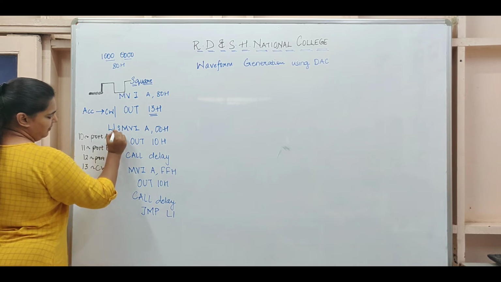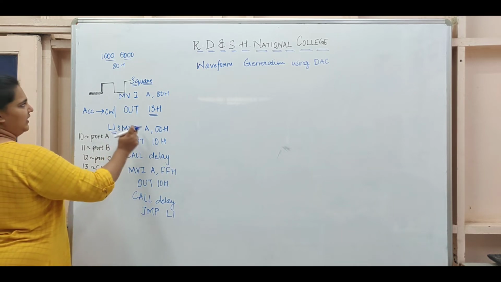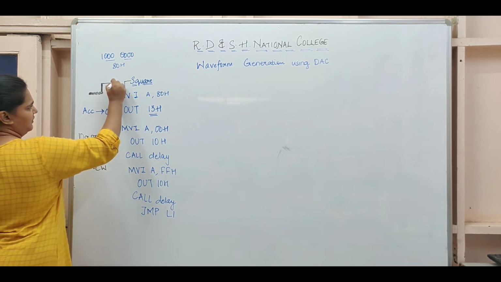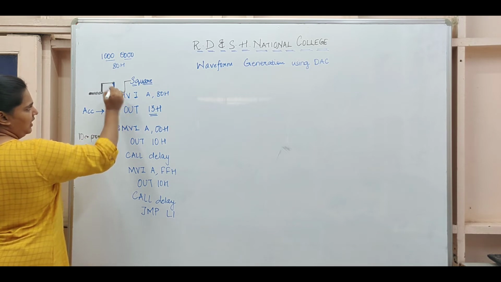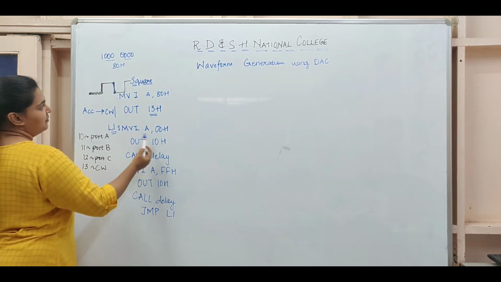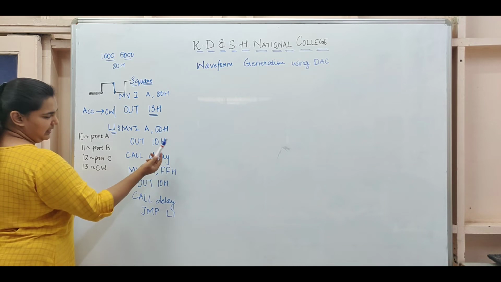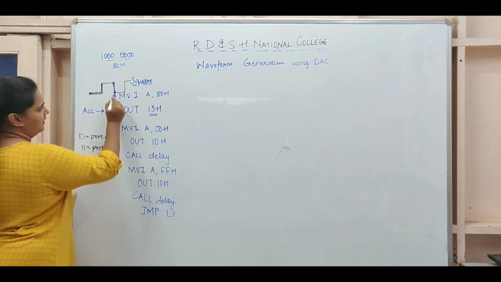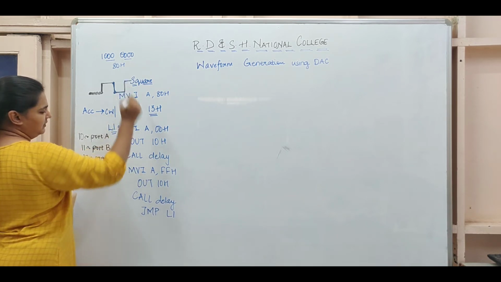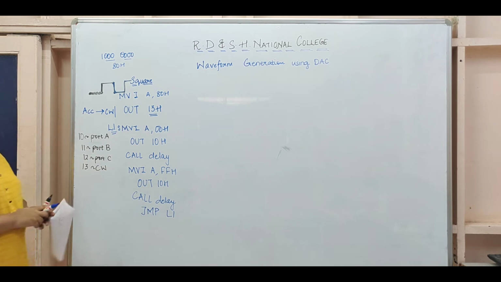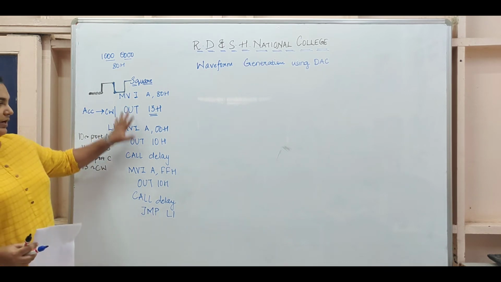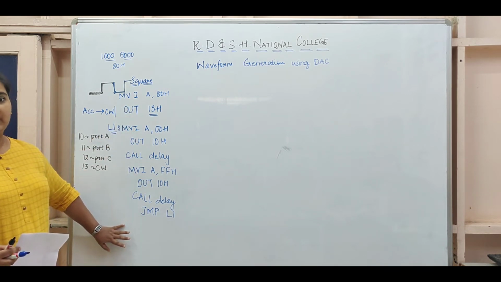So I will keep coming back here. Now next 00 is given to port A and from port A to the DAC. It is sent out as I said already, and then CALL DELAY, then again FF, repeat 00, repeat and so on. So this is the program for square wave.